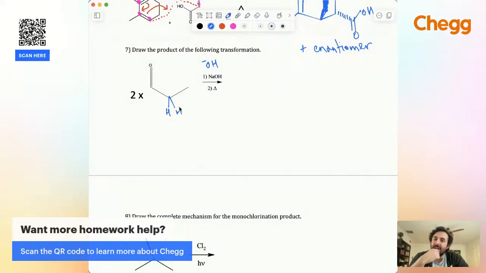So remember that the protons that are alpha to a carbonyl are mildly acidic, weakly acidic, around pKa 19, which is just acidic enough to react with a very strong base like hydroxide. We are going to grab that proton. Those electrons go to form this pi bond here, kick that pi bond up onto the oxygen, and we will get our enolate.